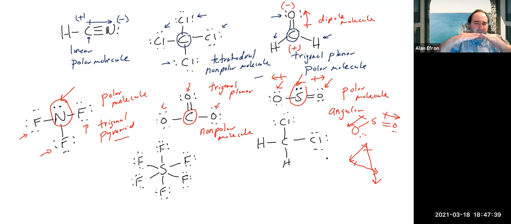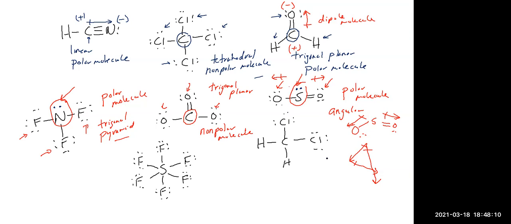What it does to the overall shape is it angles it to just less than 120 degrees, not like the bent or V shape in water, which is less than 109, but a little bit less than that. But it's actually because of the geometry that it is a polar molecule. So it's actually the opposite of what you asked. It's really the geometry and the polar bonds that make it a polar molecule. Okay, thank you. You're welcome.